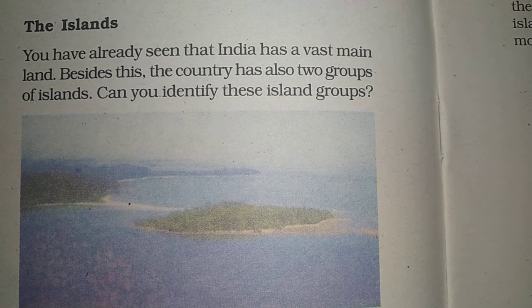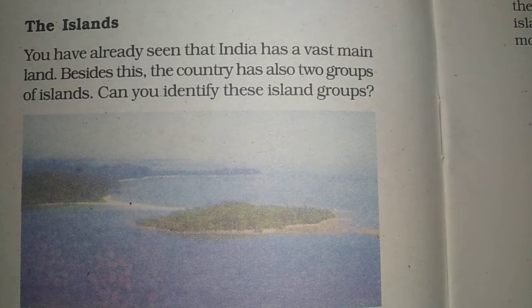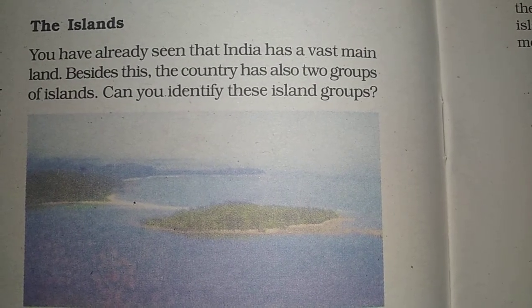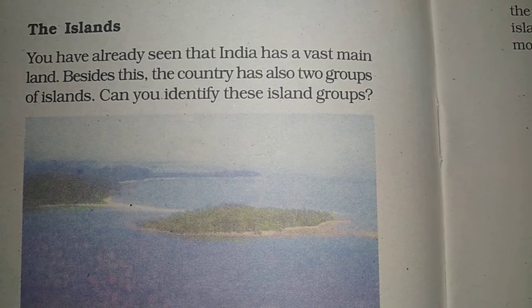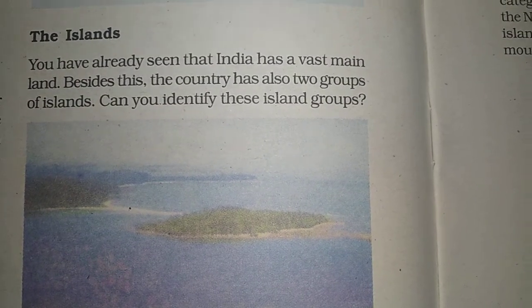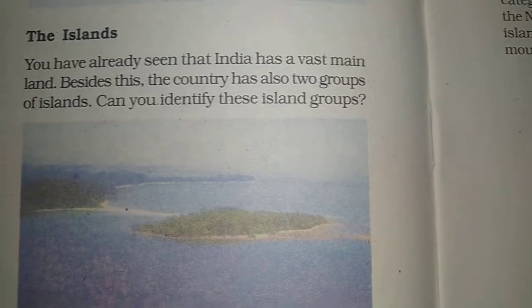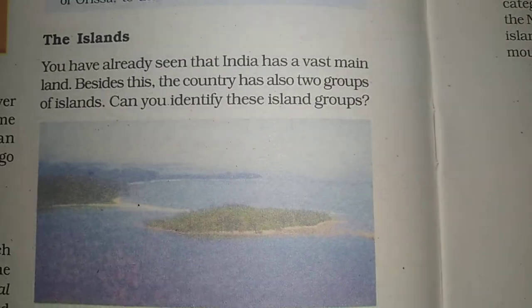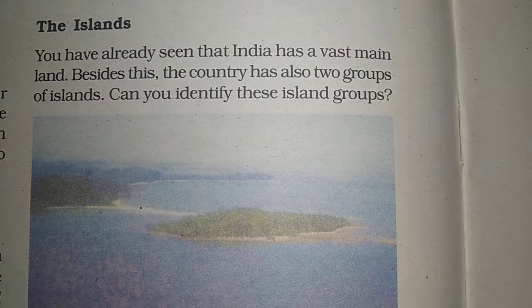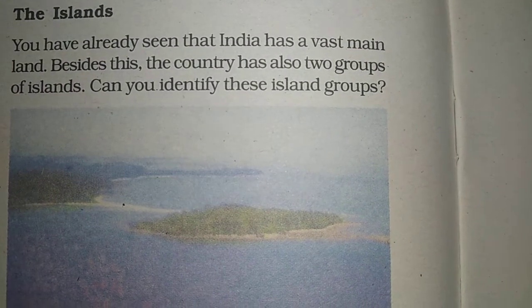It covers a small area of 32 square kilometers. Kavaratti Island is the administrative headquarters of Lakshadweep. The Pitti Island, which is uninhabited, has a bird sanctuary.